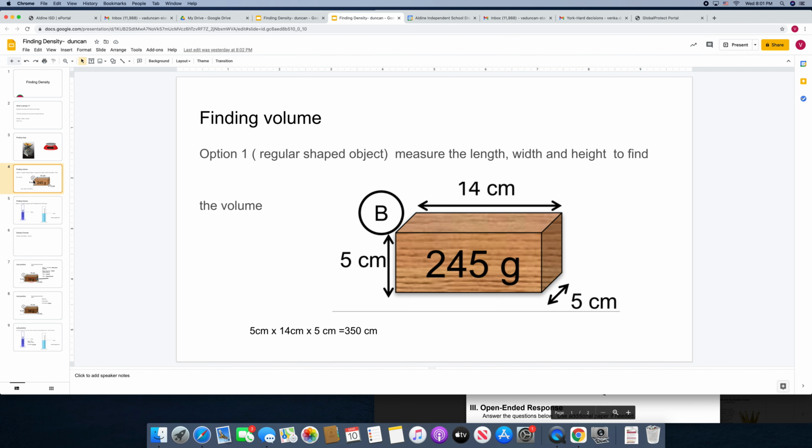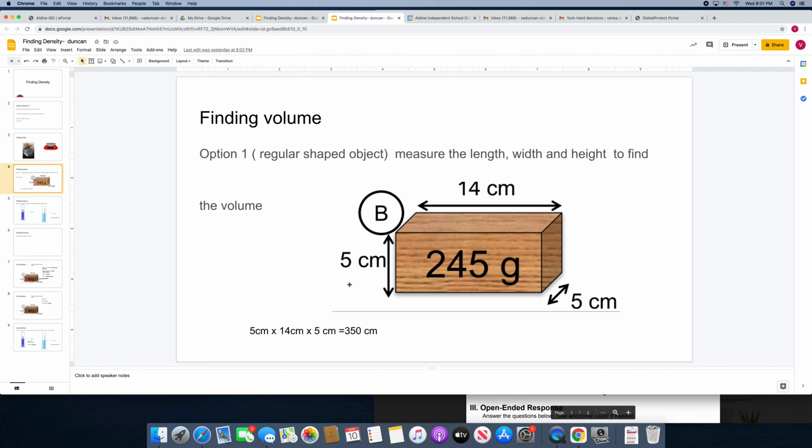To find volume, there are two options. The first is to find the volume of a regular shape, meaning a square or a rectangle, a regular shaped object. You would do this by measuring the length, the width, and the height. So here we have 5 centimeters, 14 centimeters, and 5 centimeters.